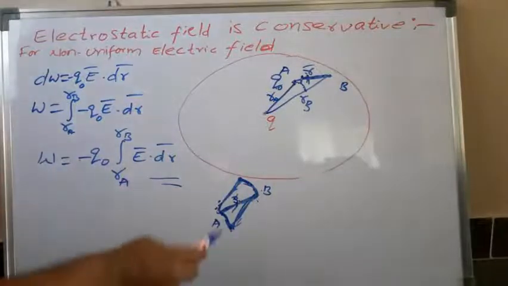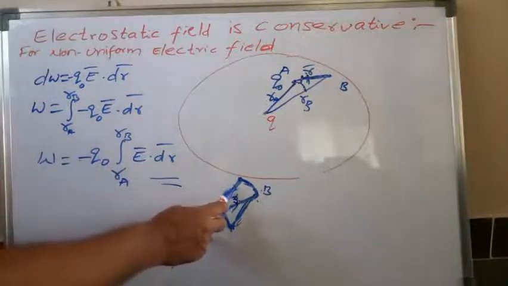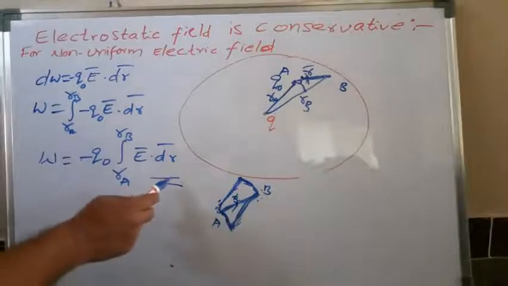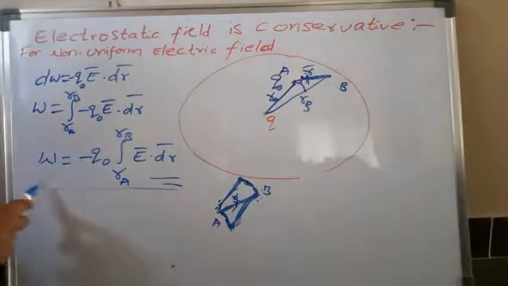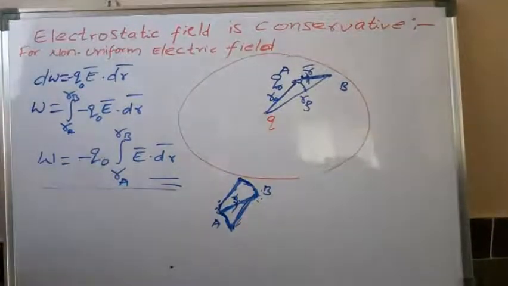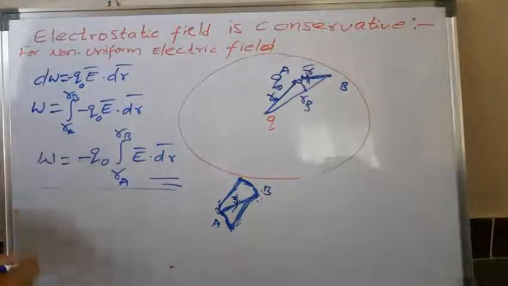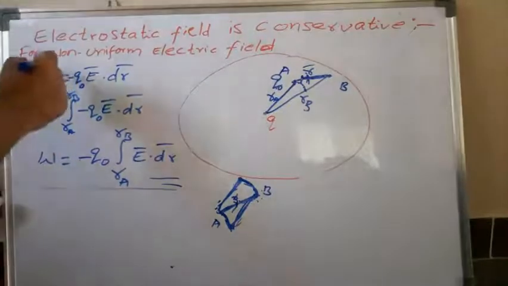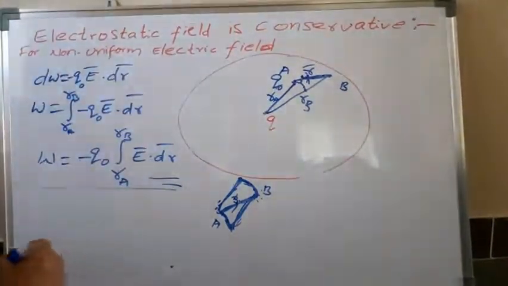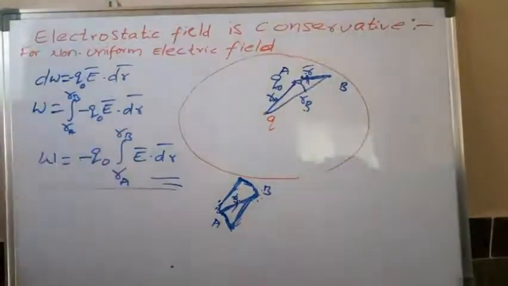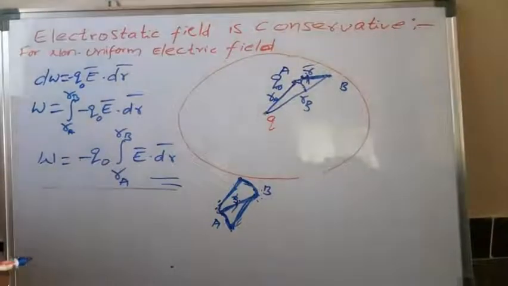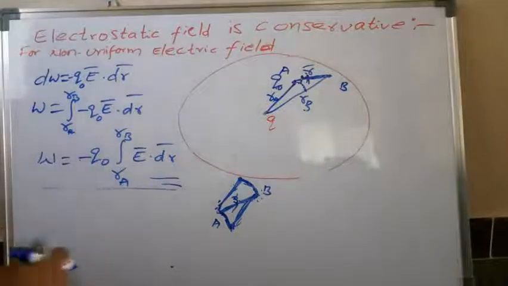Like this, if you follow any path between A and B, the work is the same because it is only dependent on R. So we can say the non-uniform electric field is also conservative.